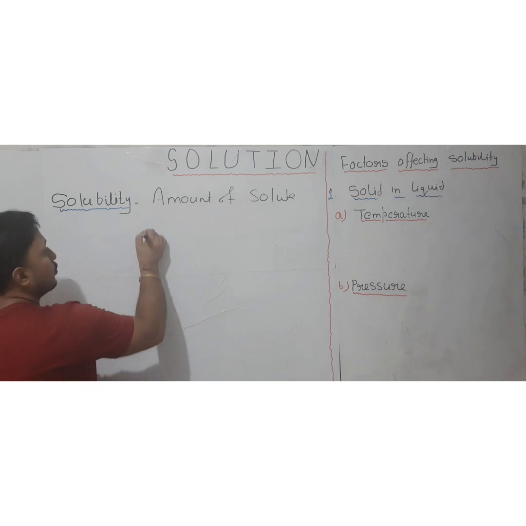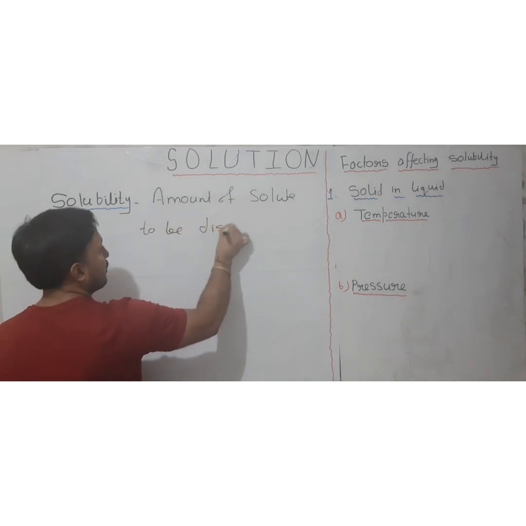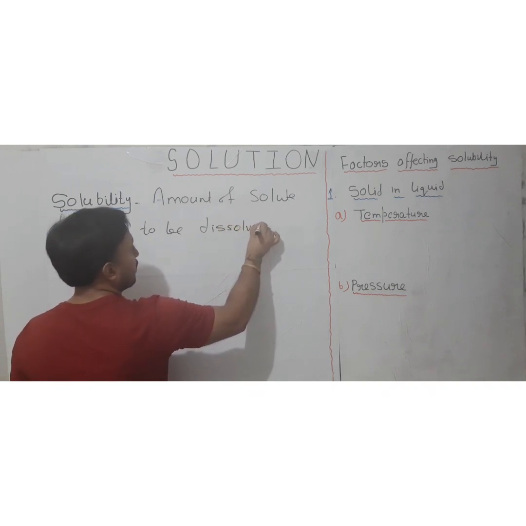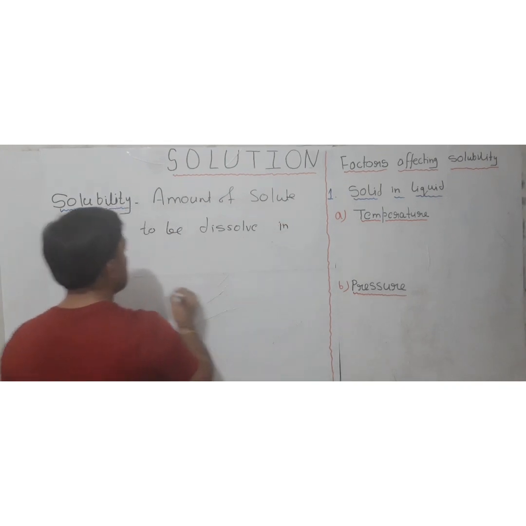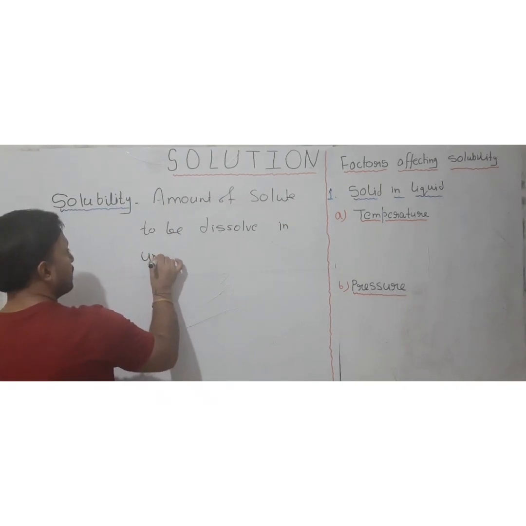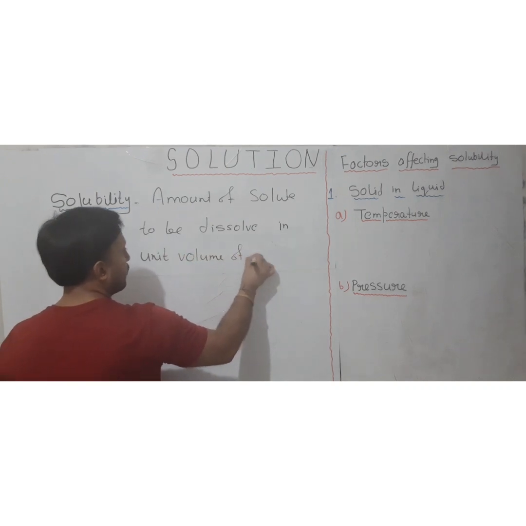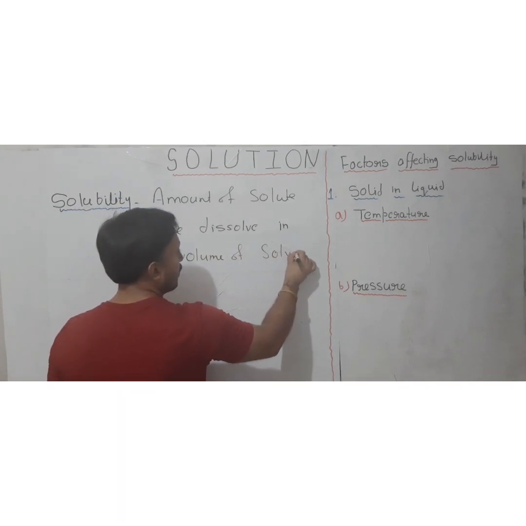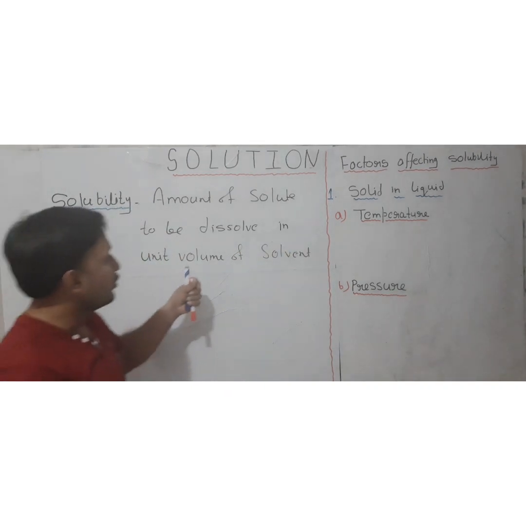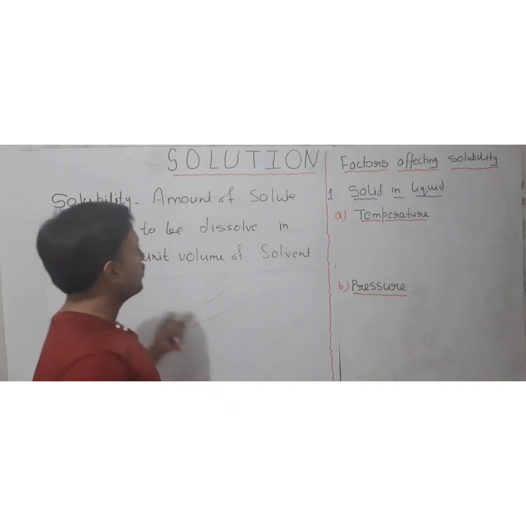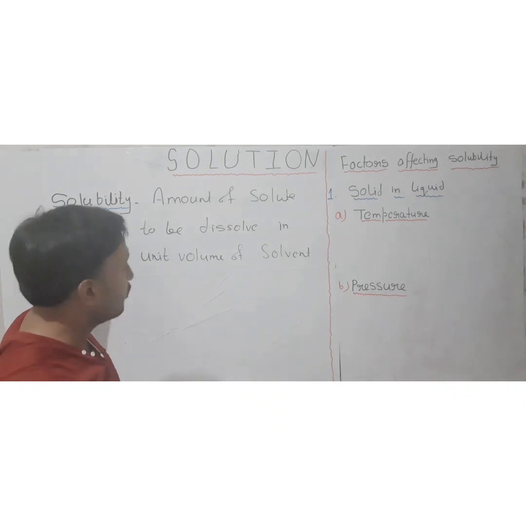So the amount of solute to be dissolved, because solute is a component which is going to be dissolved in a unit volume of another component which is solvent. Okay, the amount of the solute to be dissolved in unit volume of solvent, that is the maximum amount of the solute we are talking about, is known as the solubility of that solution.